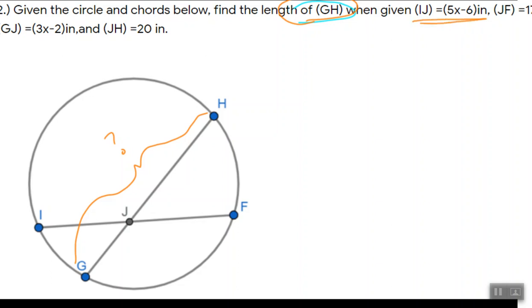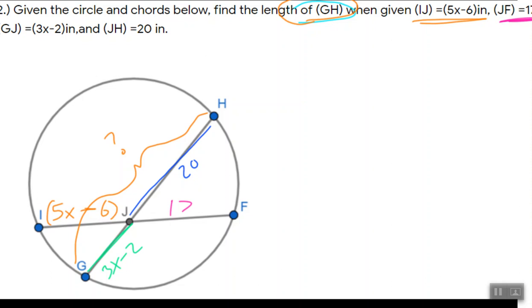IJ is 5x minus 6. And let's use a different color to represent each one of these. JF is equal to 17. And GJ is 3x minus 2. So GJ, that line right there, will be 3x minus 2. And lastly, we have JH, which will be equivalent to 20.